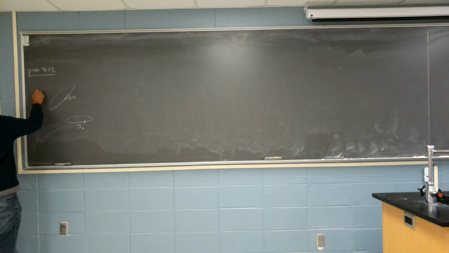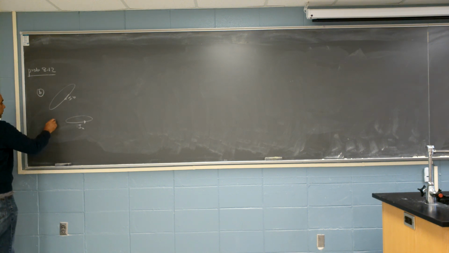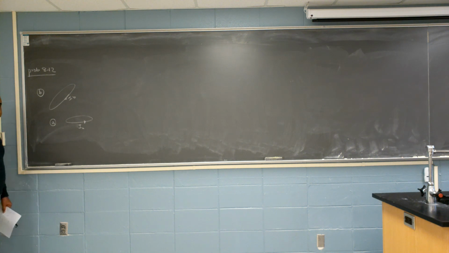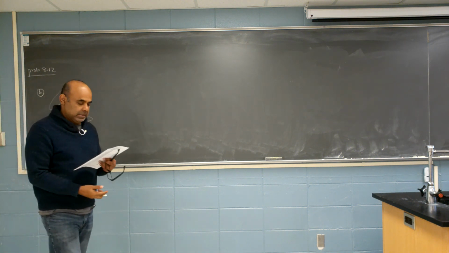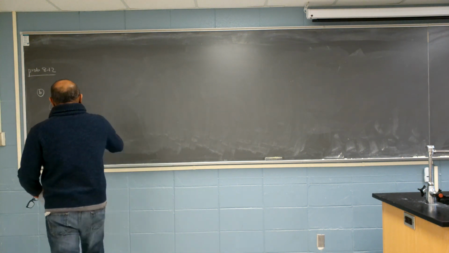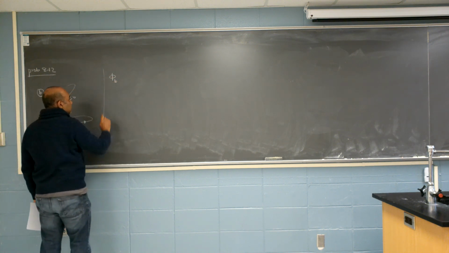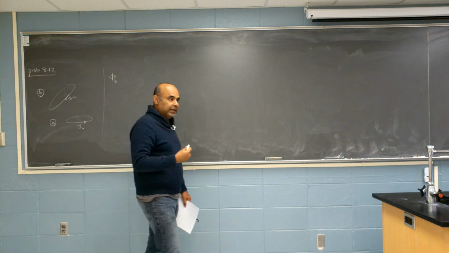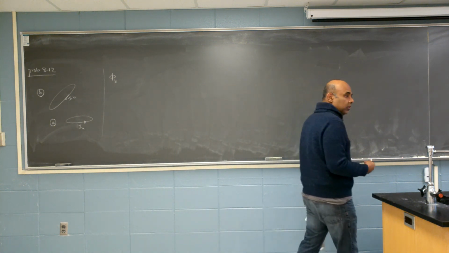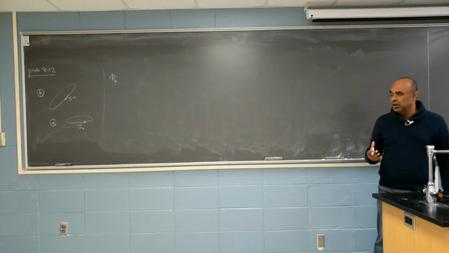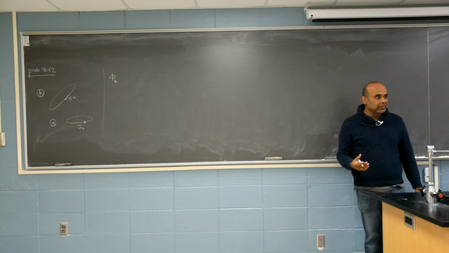Everything related to this one I'll call B, and everything related to this object I'll call A. Okay? And so I'm going to compute phi B. What does that mean? It's the magnetic flux on circuit B. These circuits are rigid. They're not moving. They're held in place. The currents are, of course, free to change.